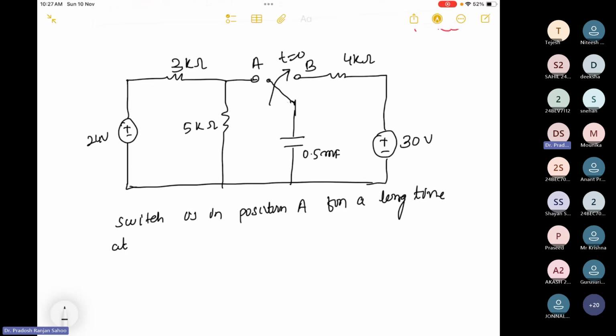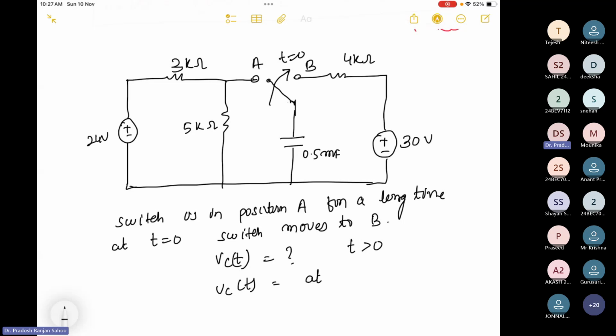At t equal to 0, the switch moves to position B. They are asking to find Vc(t) for t greater than 0, and also calculate Vc(t) at t equal to 1 and 4 seconds. Just write down the question.